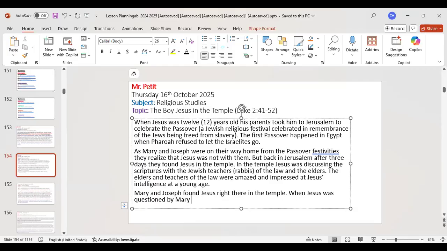Mary and Joseph found Jesus right there in the temple. When Jesus was questioned by Mary, he told her that he was doing his Father's business.